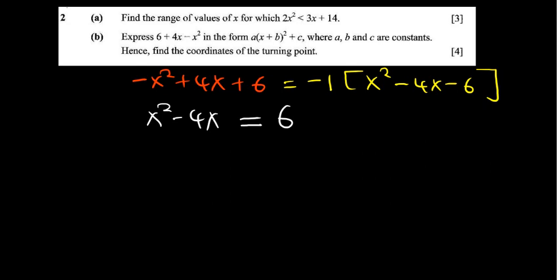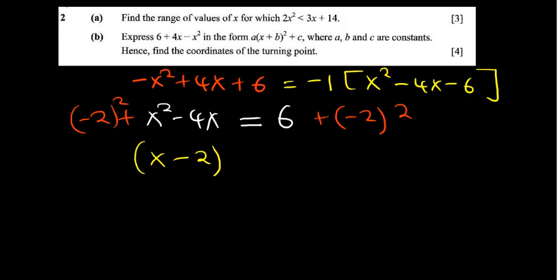So we can now add the square of half of b, the coefficient of x. What's half of negative 4? It's negative 2. So add negative 2 squared to both sides. The bx part will disappear, so we're going to just get x minus 2 squared equal to the other side, where negative 2 squared is 4.